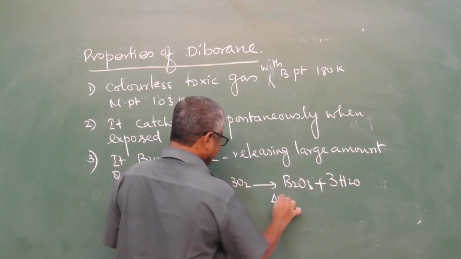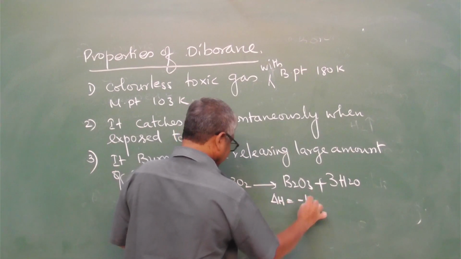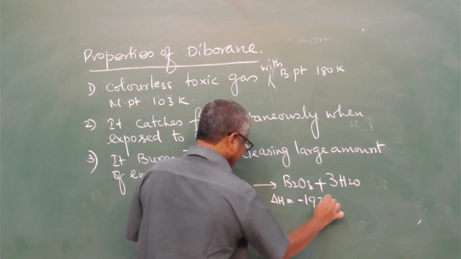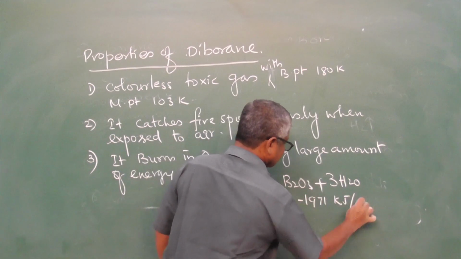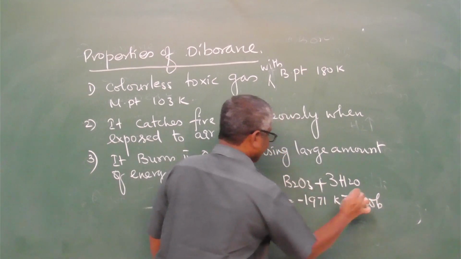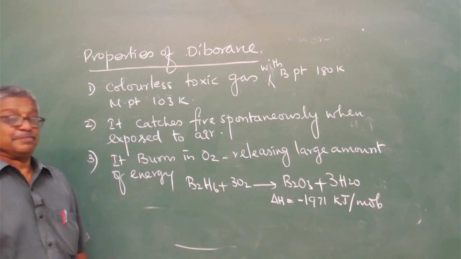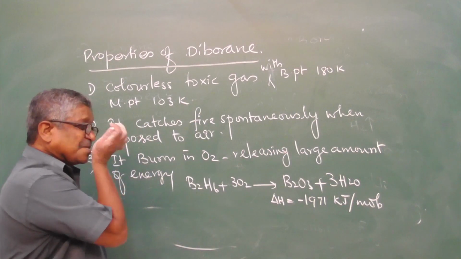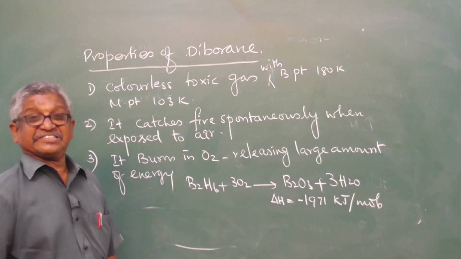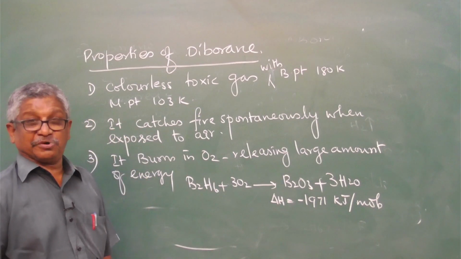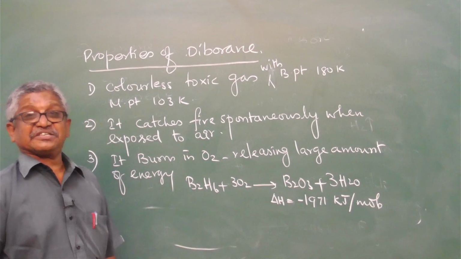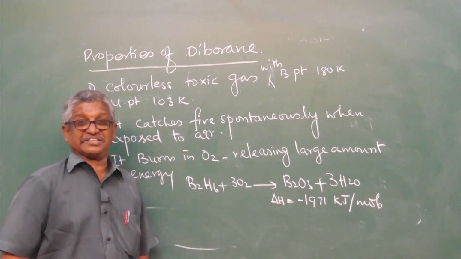The energy released is 1971 kilojoules per mole. 1 mole of diborane produces energy of 1971 kilojoules when it burns in oxygen.